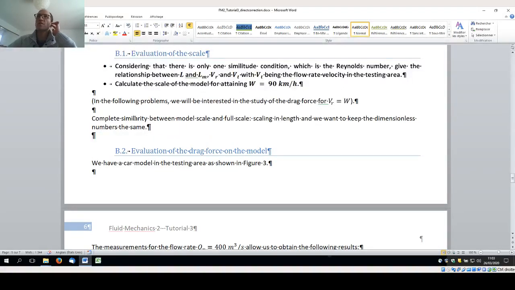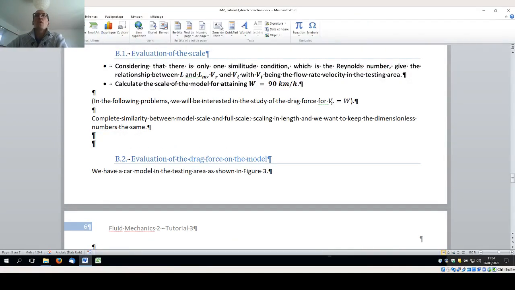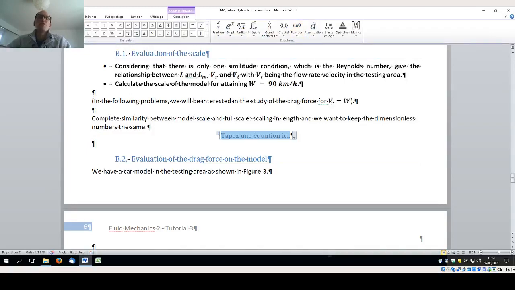What is said here is that what is driving the flow is Reynolds number. So what we'll do is just to keep Reynolds number the same. So it's pretty straightforward. This is what we have seen.